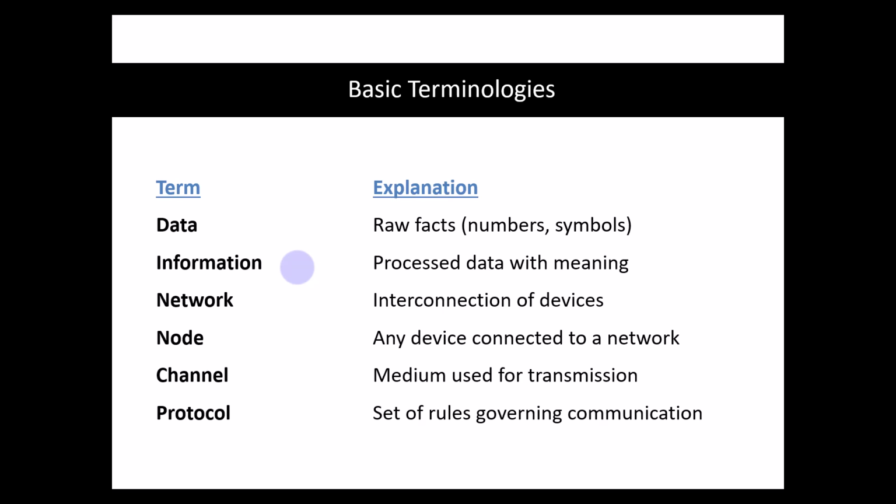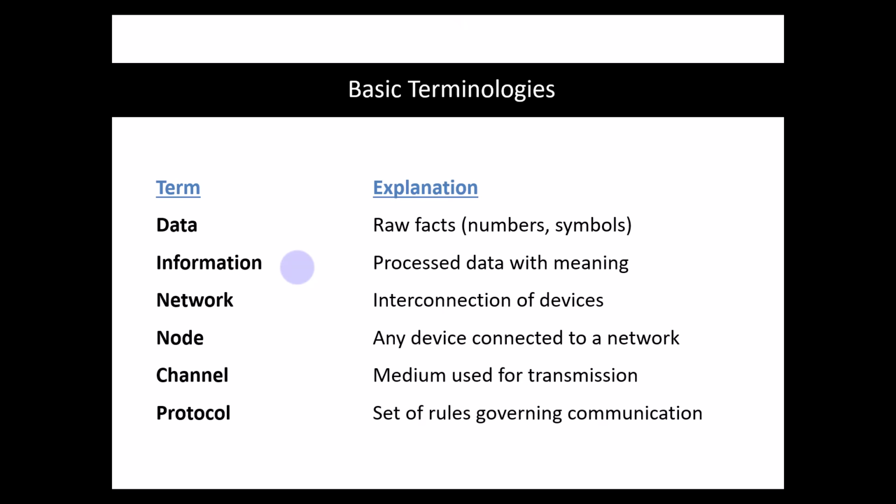So if there is no meaning to what we are sending, it is data. And then when it gets meaning out of it, it's processed, then we can call it information. So basically, these terms are sometimes interchanged, and then it's normal as we go along the way. If we mention data at some point in time, we might not be able to really differentiate whether it's information or whether it's data, but it's very commonly interchanged, and that is normal.